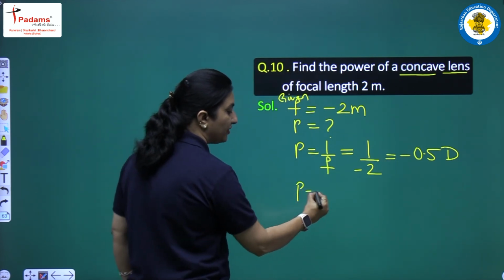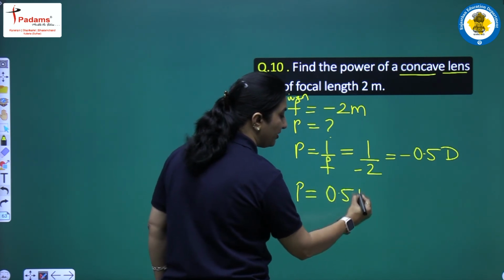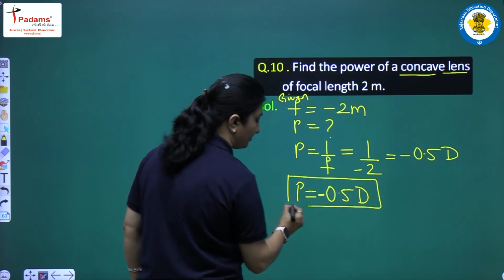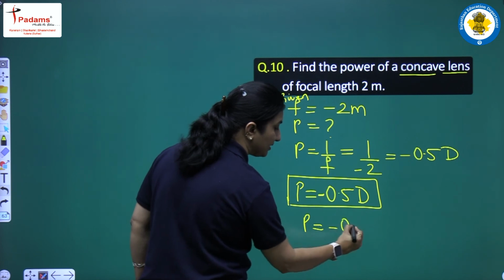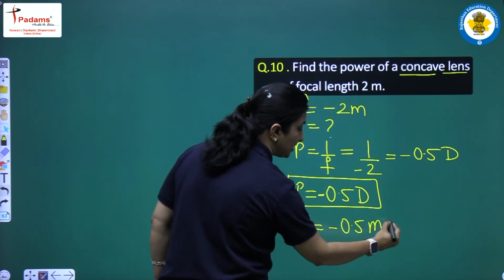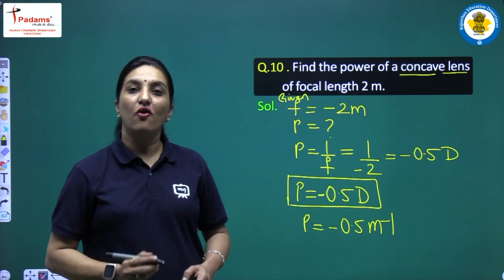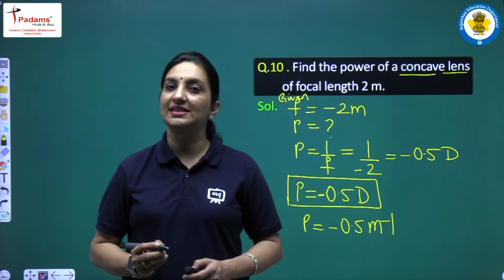So, the power of the concave lens becomes 0.5 diopter with a negative sign. In place of diopter, we can write meter inverse also.